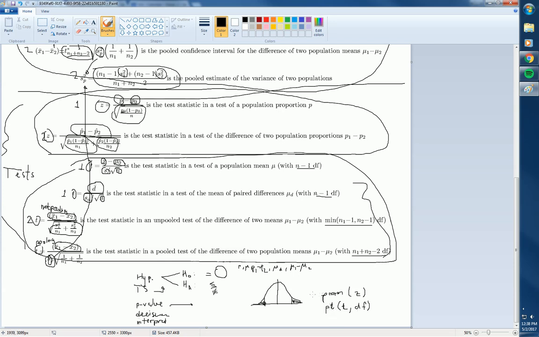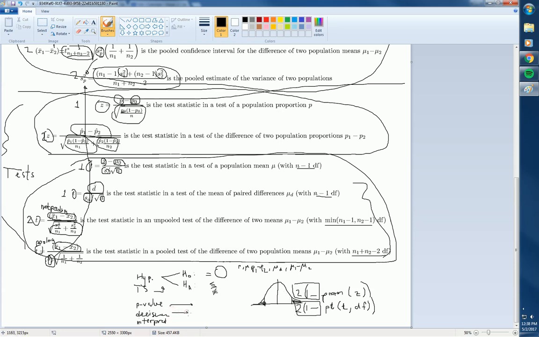And then sometimes you'll need a 1 minus, depending on which area you're going for, and sometimes you'll want a 2 times. Not always, just in special cases you'll need either the 2 times or the 1 minus or both in your p-value, depending on which tail you drew.